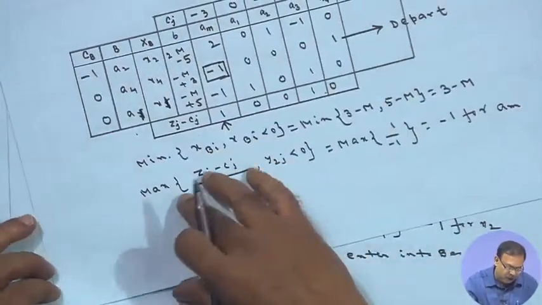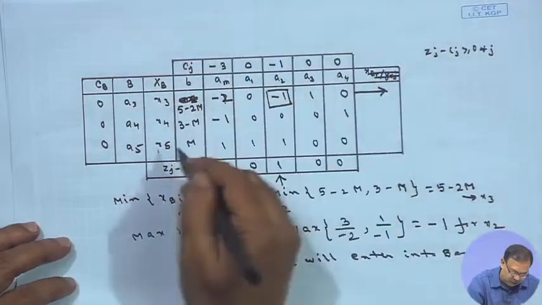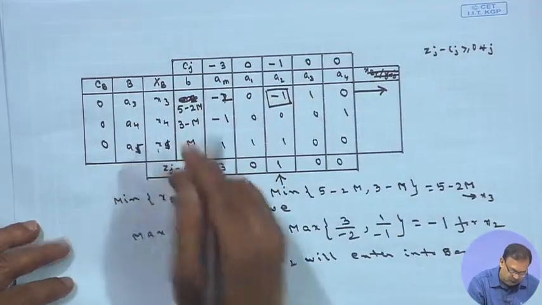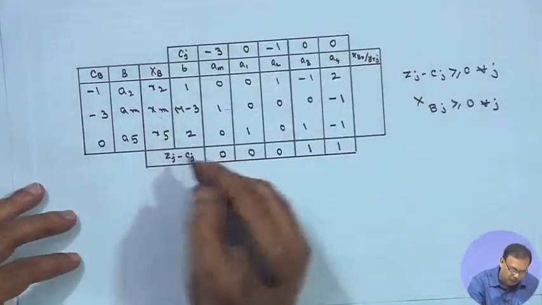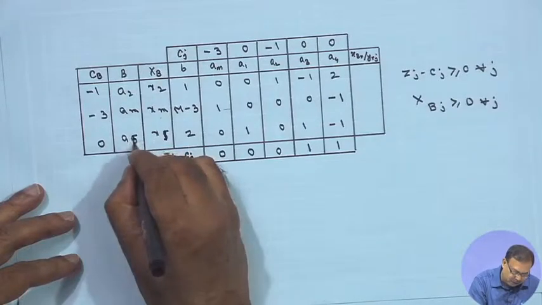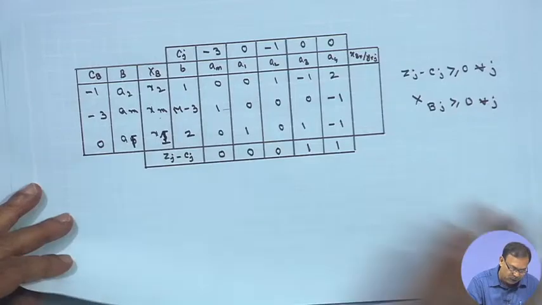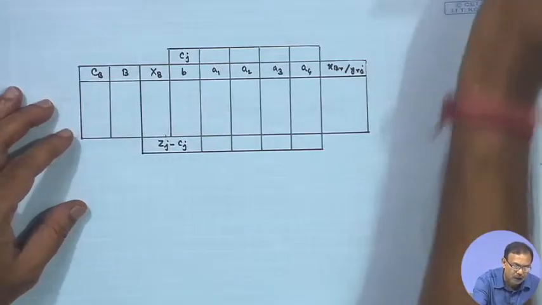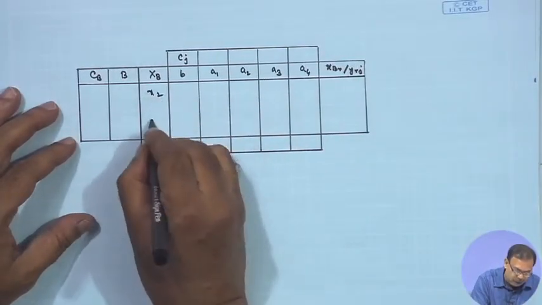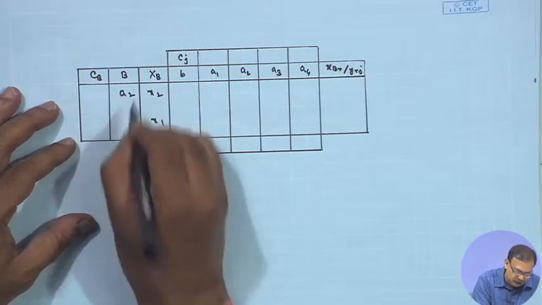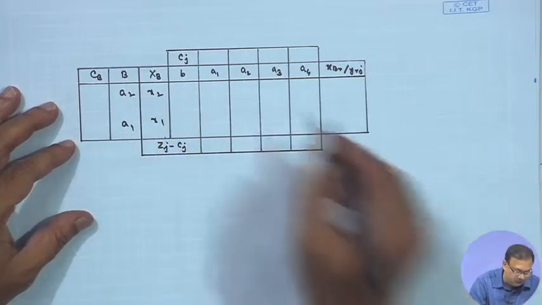So this is a1, here also this will be x1 and a1. For this case also, just make the changes, this will be a1. So this is x1 and this. So here you will have x2 and x1.